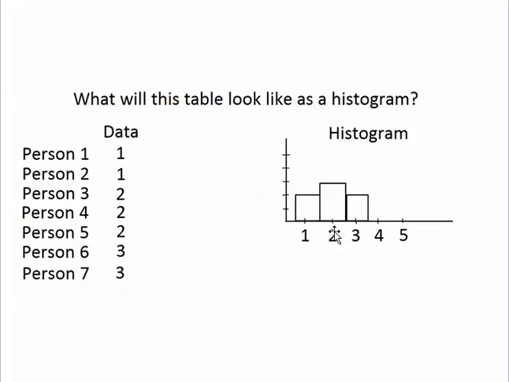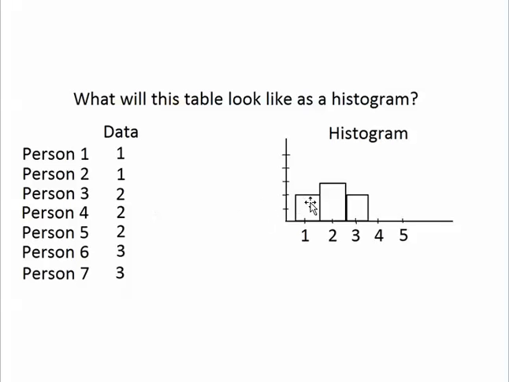Since 2 has a frequency of 3, this bar goes up to the third tick mark right here. And remember that 3 had a frequency of 2 because there are 2 3s in this data set. Since this number 3 has a frequency of 2, its bar goes up to the second tick mark.